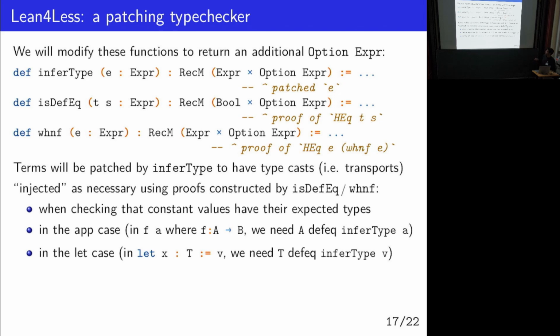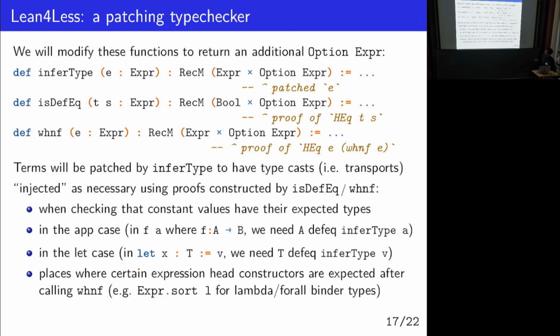So we would also potentially need to do some casting on the value. And also in Lean there are places where we expect certain head constructors after calling weak head normal form. So for example, when we have lambda and for all binders, we expect the types of their domain arguments to be sorts. So we may also have to cast those to actually be in sorts if it's necessary.